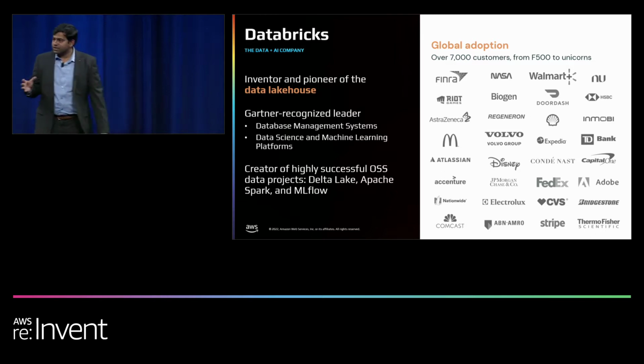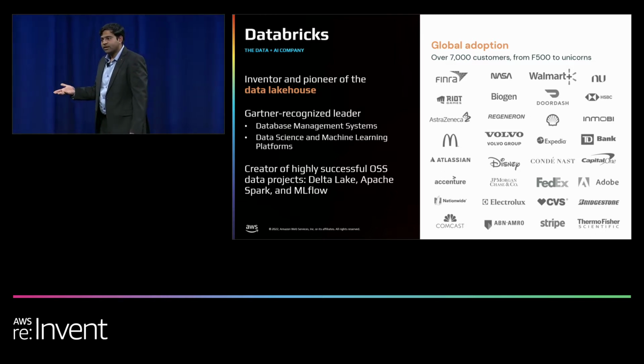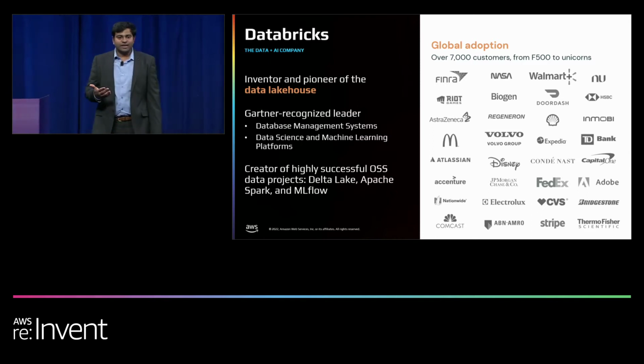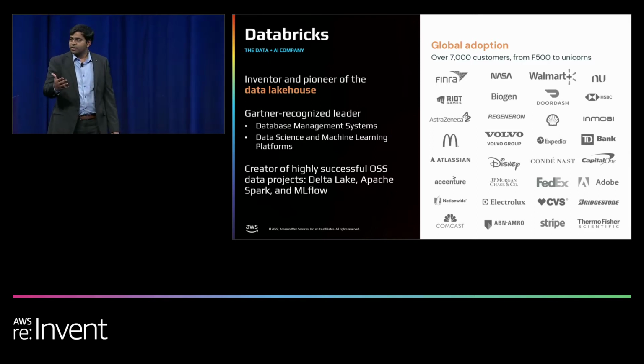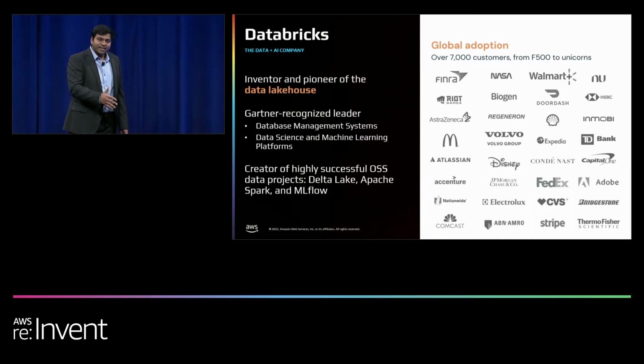Now, what this enables each of your organizations is not to implement several copies of data just to get performance, to get governance on the data. Well, that's one part of it. The most important part of it is this data can be structured, unstructured, and semi-structured.